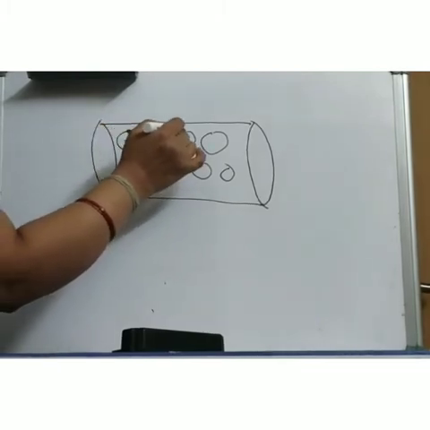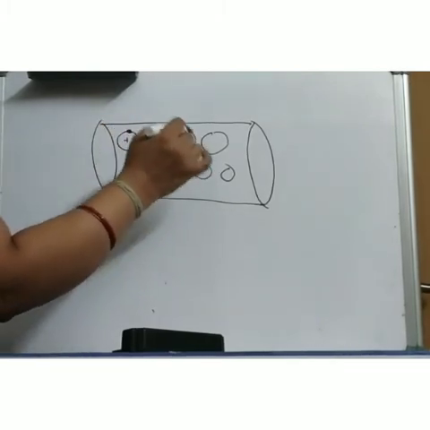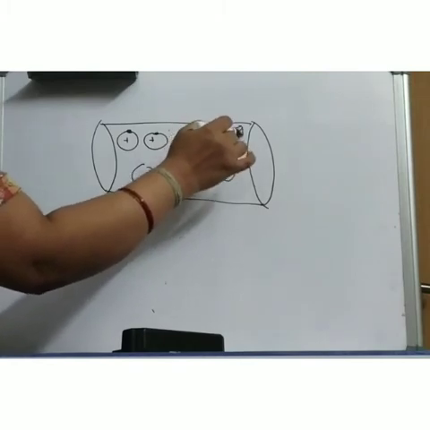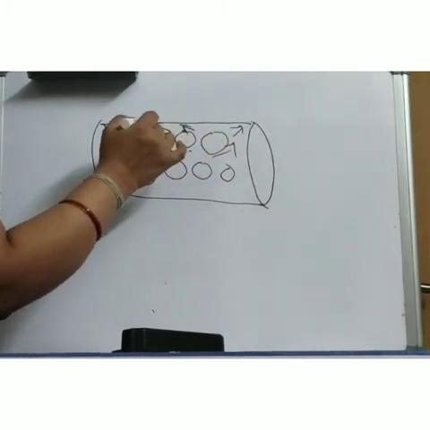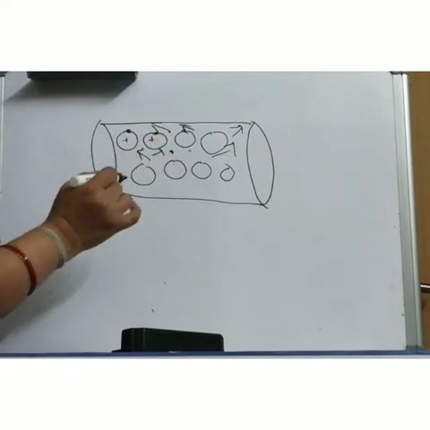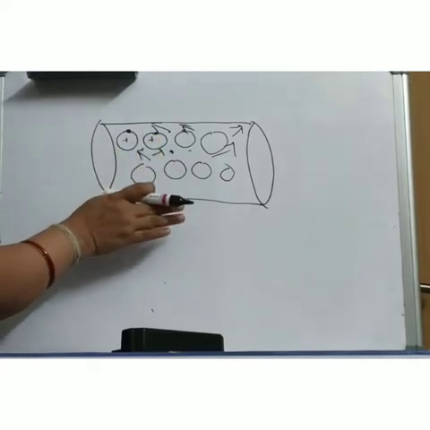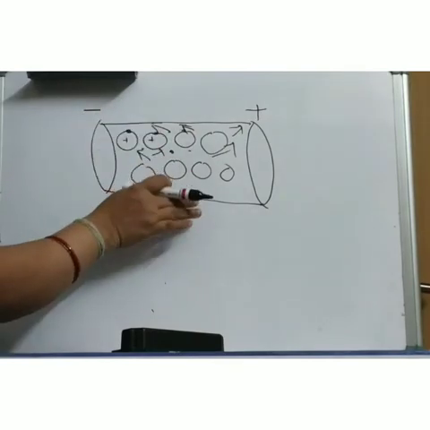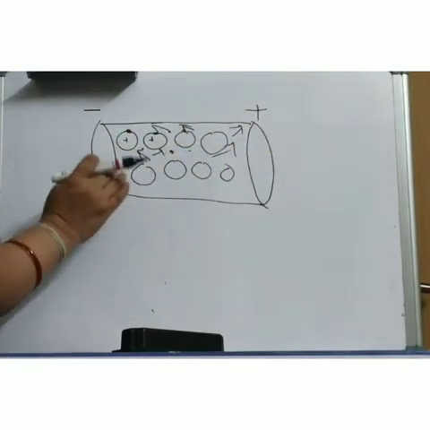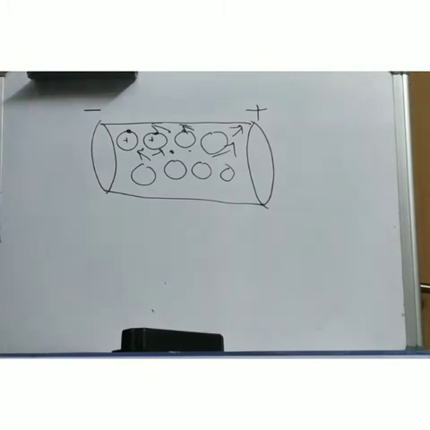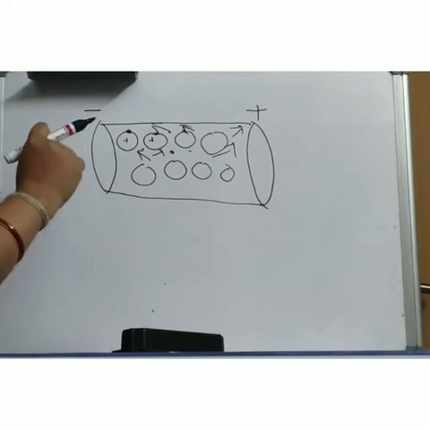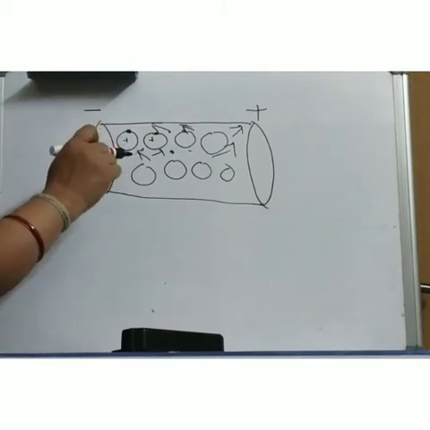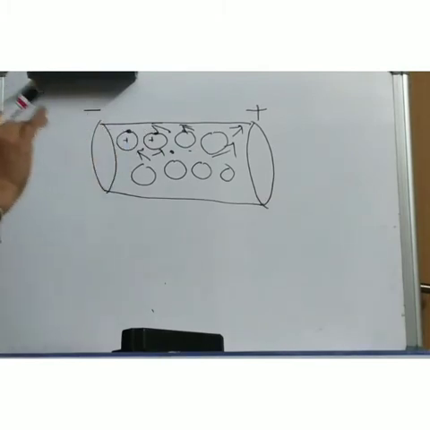All these free electrons will be roaming freely, randomly rather, in all directions. So when we connect this copper wire to a battery, suppose to the positive terminal over here and the negative terminal over here, that means we are giving a force to the electrons to move in a particular direction. So what will happen?